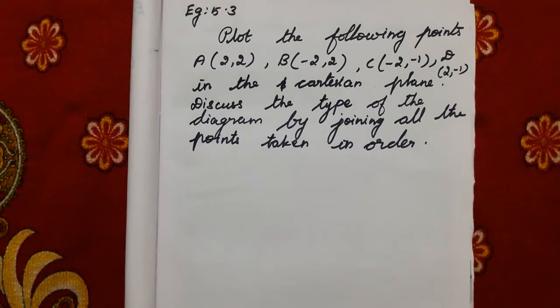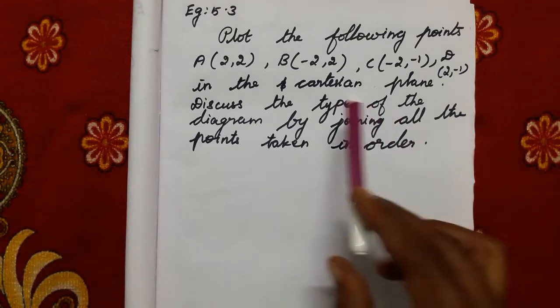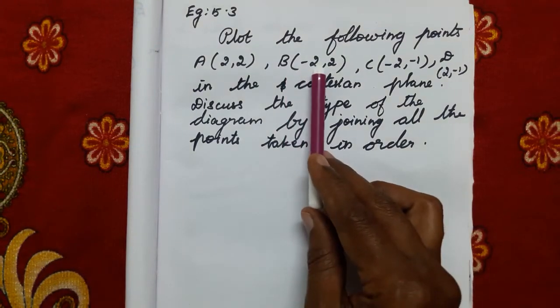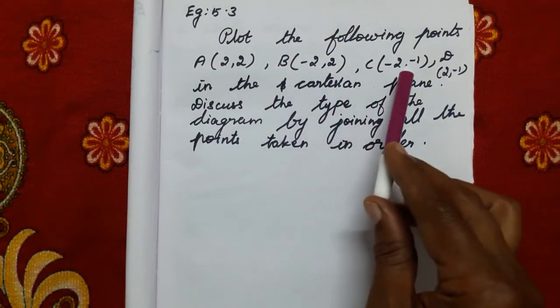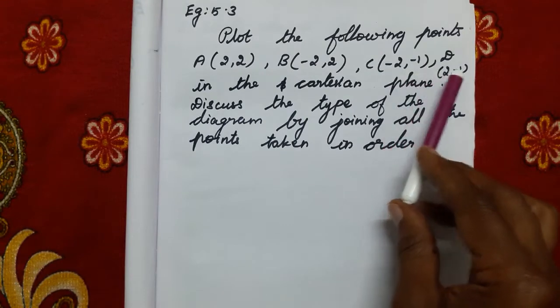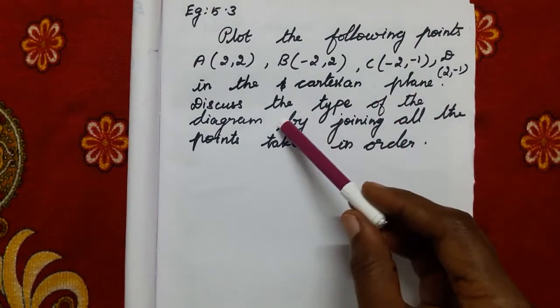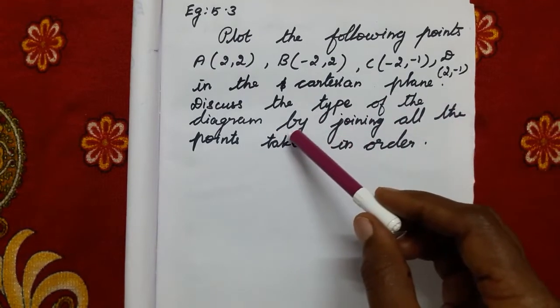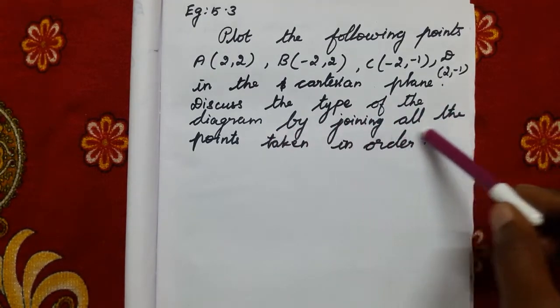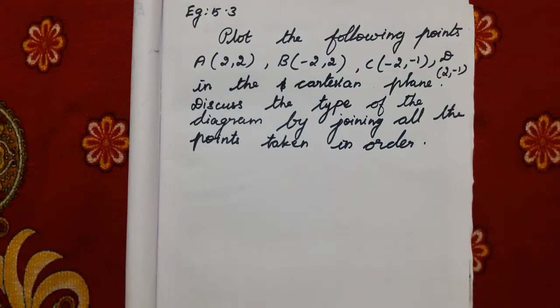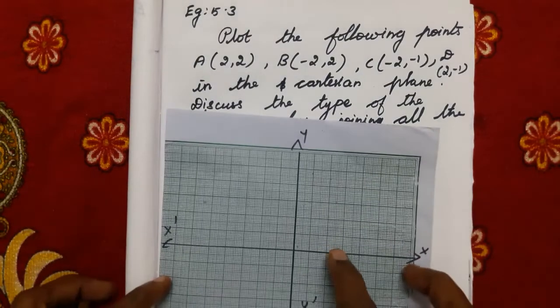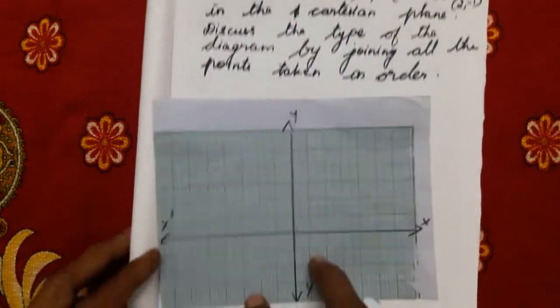Now, I am going to explain an example. Plot the following points A (2, 2), B (-2, 2), C (-2, -1), D (2, -1) in the Cartesian plane. Discuss the type of the diagram by joining all the points taken in order. Please listen here. First, I am taking a graph.